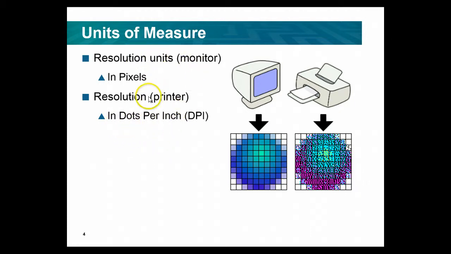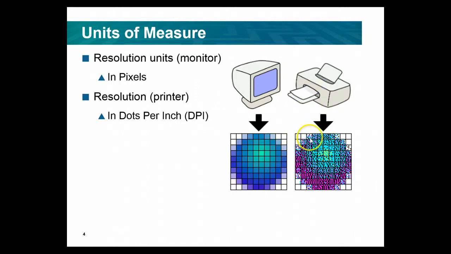This can be confusing, I understand, but I wanted to show you an example here. On a monitor, the pixel is a small square area that can be changed to a certain color. In this case, you have some light blues up to some darker blues to some lighter blues that are contained all within that single pixel area. On a printer, on the other hand, it does it in dots per inch.